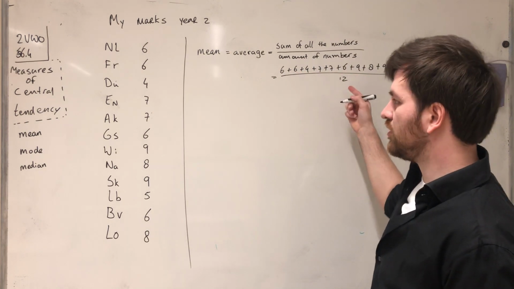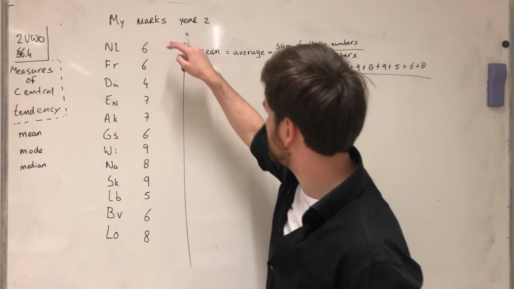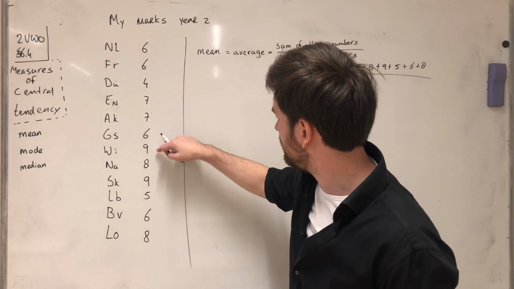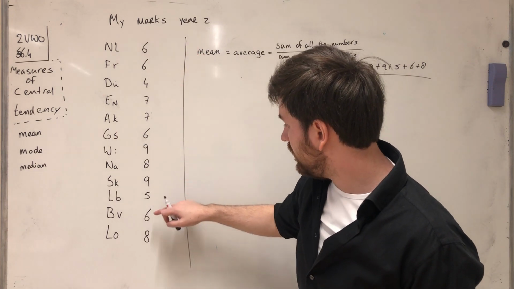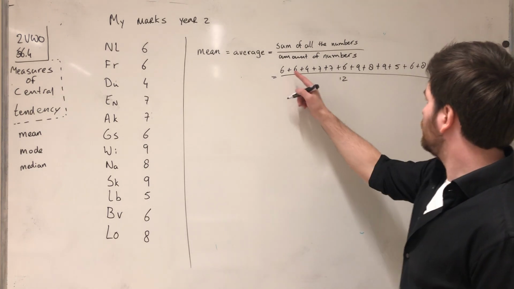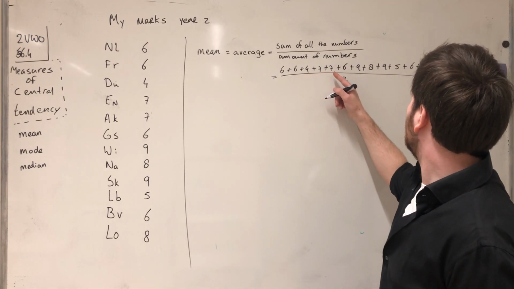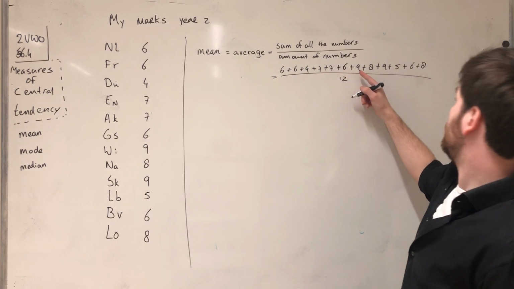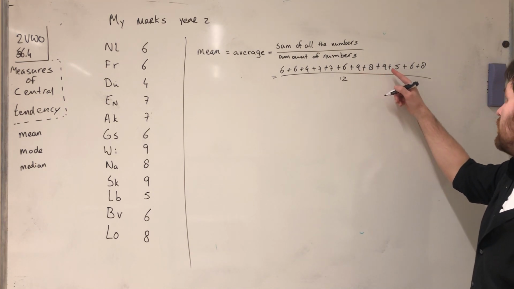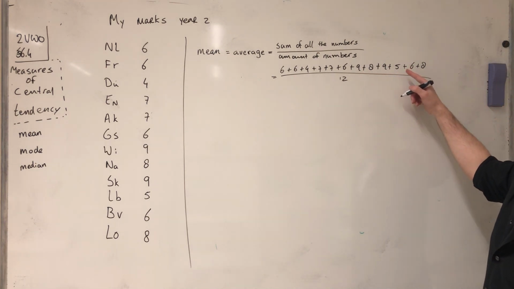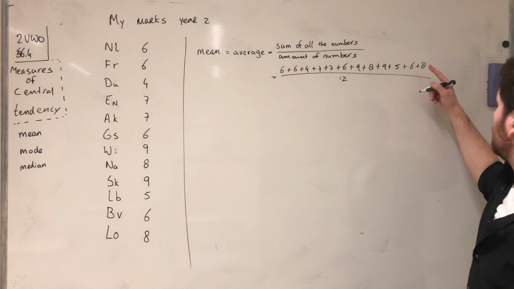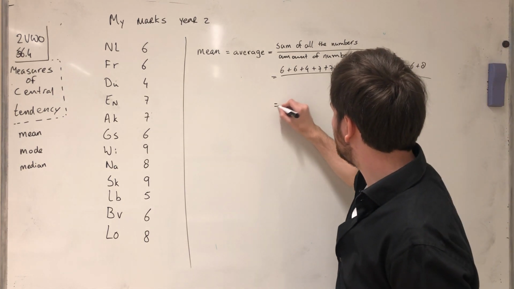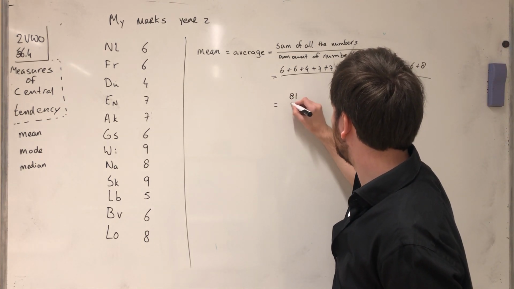And we're going to divide it by 12 because I had 12 subjects. 1, 2, 3, 4, 5, 6, 7, 8, 9, 10, 11, and 12. So this is 12, 16, 30, 36, 45, 53, 62, 67, 73, 81. So this is 81 over 12.